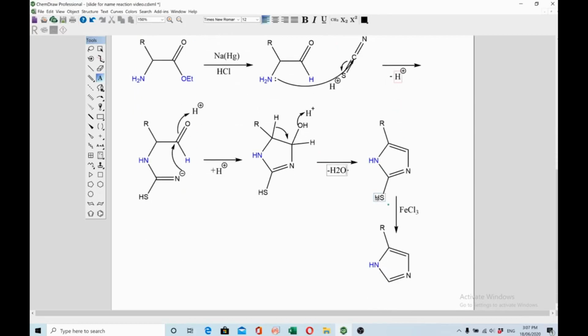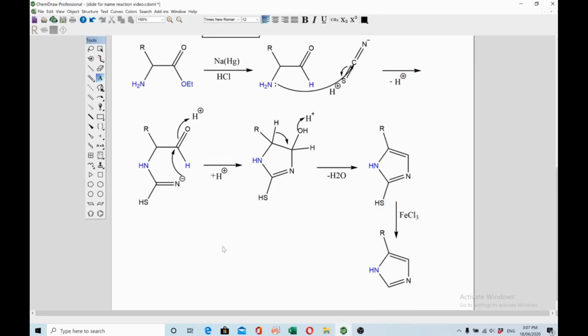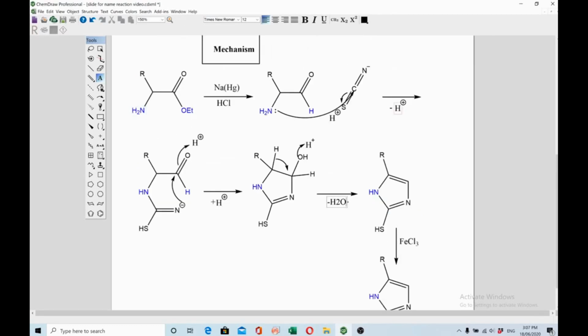And in the last step, using ferric chloride, this imidazole ring is formed. So again, let me repeat the reaction mechanism. First step, conversion of ester into aldehyde using the reduction protocol.